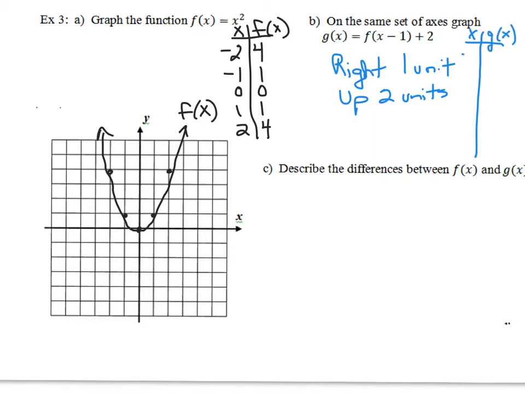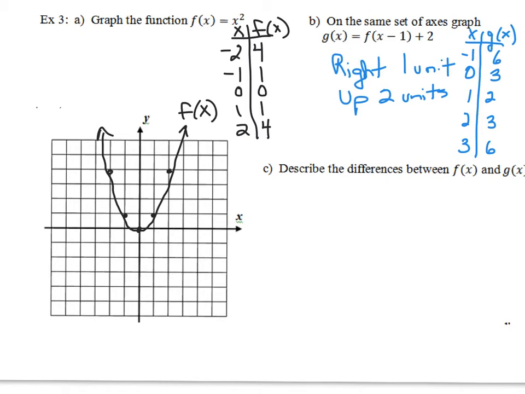So -2 becomes -1, -1 becomes 0, 0 becomes 1, 1 becomes 2, 2 becomes 3. Each y coordinate is going to go up 2, so I'm going to add 2 to each y coordinate. So 4 becomes 6, 1 will become 3, 0 becomes 2, 1 becomes 3, and 4 becomes 6.